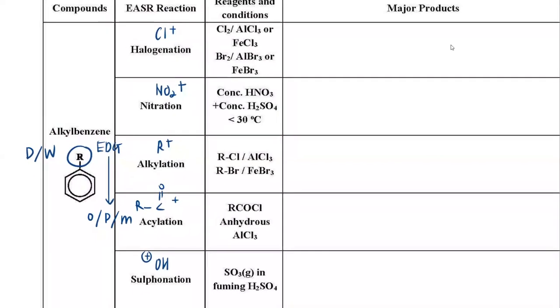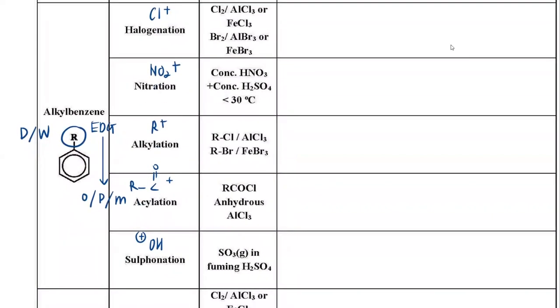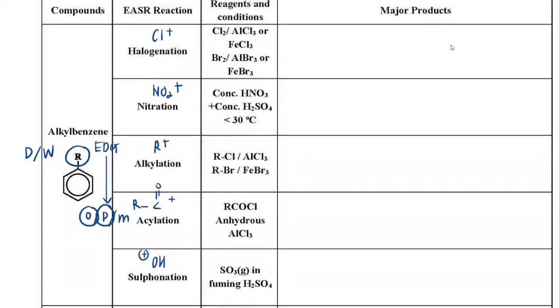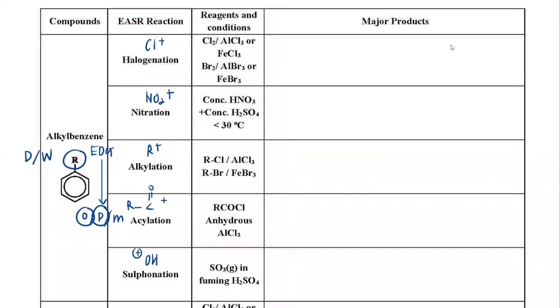Alkyl benzene, your alkyl is your electron donating group, so it will prefer ortho and also para, and it will form two products.